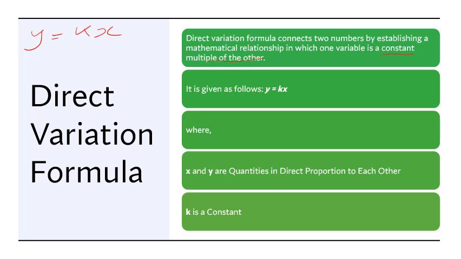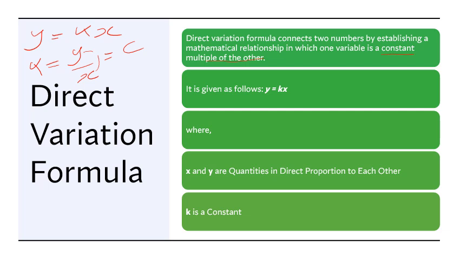Okay? So if you make k the subject of the formula, it will be y over x. This remains constant for a direct variation, regardless of the change in y and in x. If they remain constant, it means that it is a direct variation.